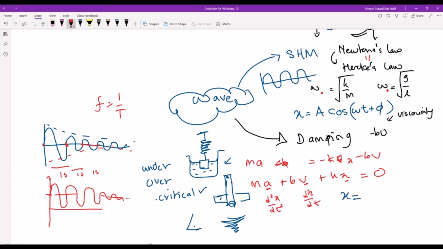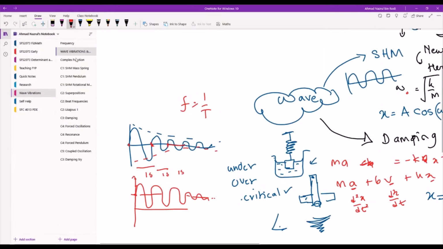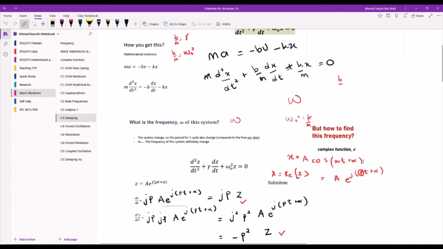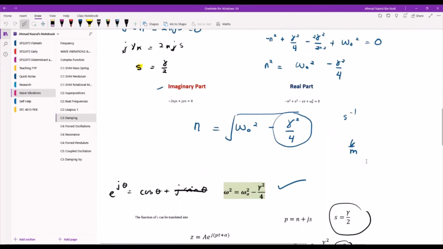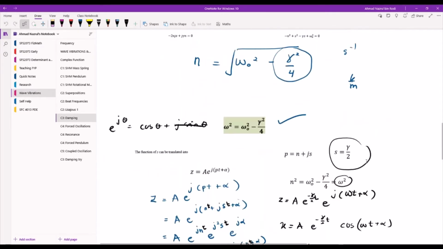So x equals the amplitude times exponential minus gamma over 2 times cos omega t plus psi. If I'm not mistaken, gamma is equal to B over 2m. I need to check again. B over 2m, damping. This will be the calculation that you learn.